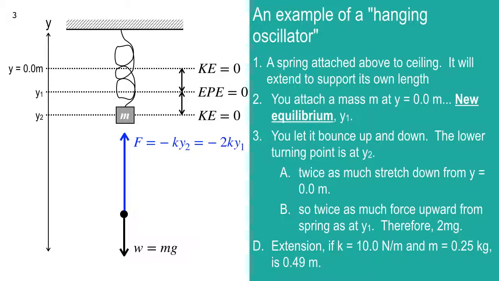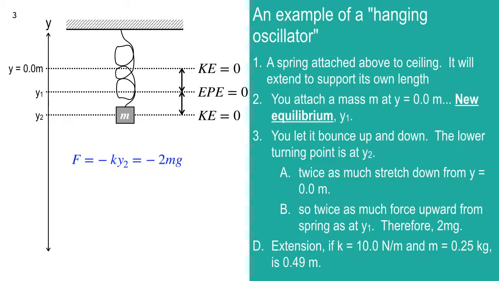And if the mass is 0.25, you can calculate it out to 0.49 meters for Y2. So Y2 is 0.49. So the amplitude of the oscillation is 0.245. That's half of that. So Y1 is negative 0.245. You can figure out Y2 and therefore figure out Y1.